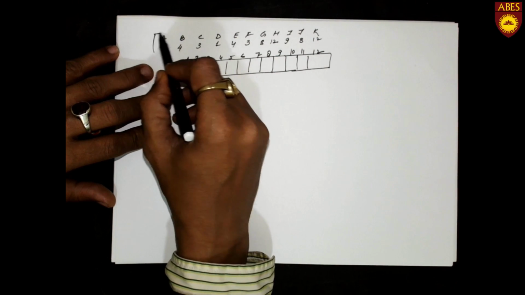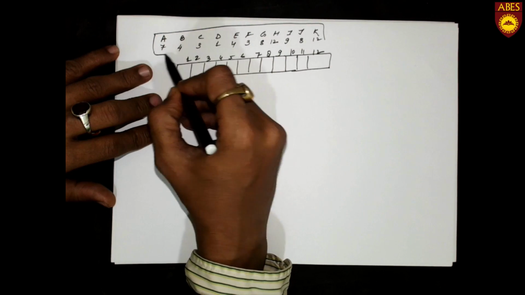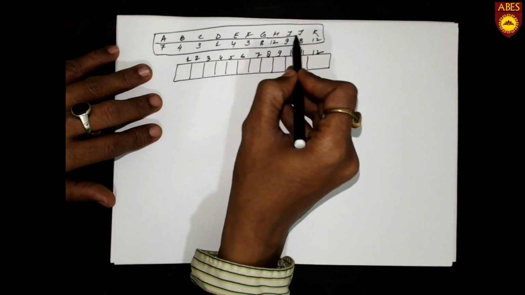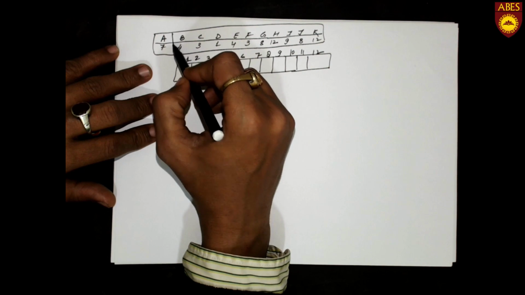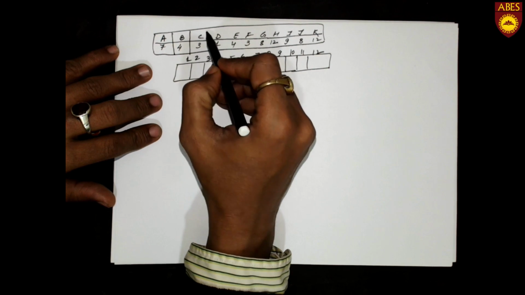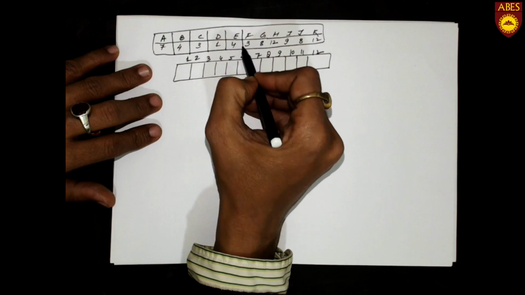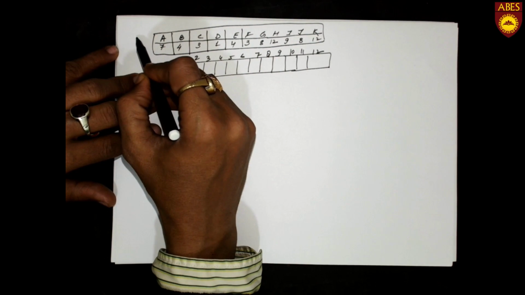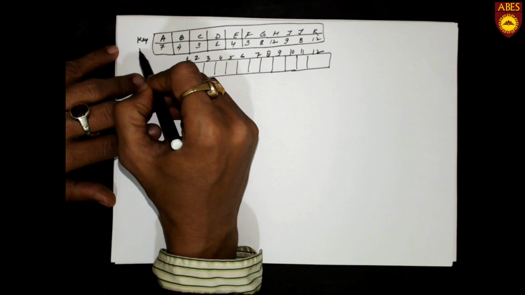Now you see that we have the key values A, B, C, D, E, F, G, H, I, J, K, and when we computed through the hash function, the hash locations came 7, 4, 3, 1, 4 and 3 respectively. So this is the key value and this is the hash location.